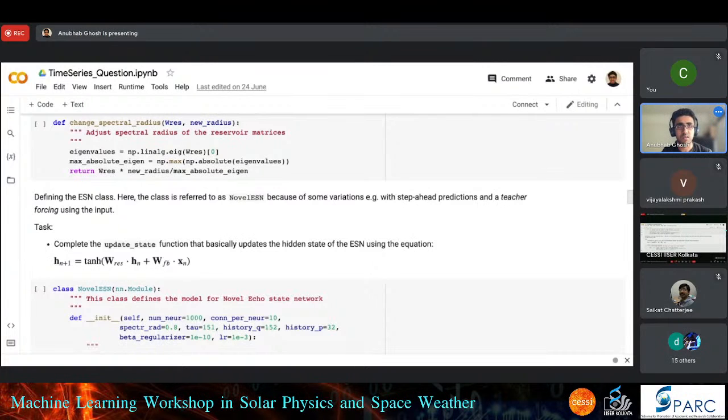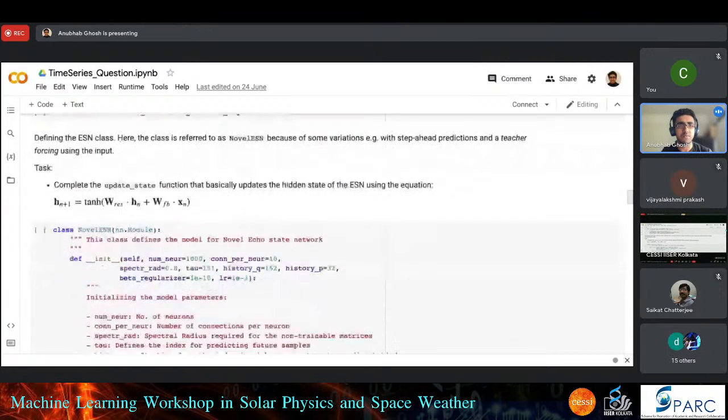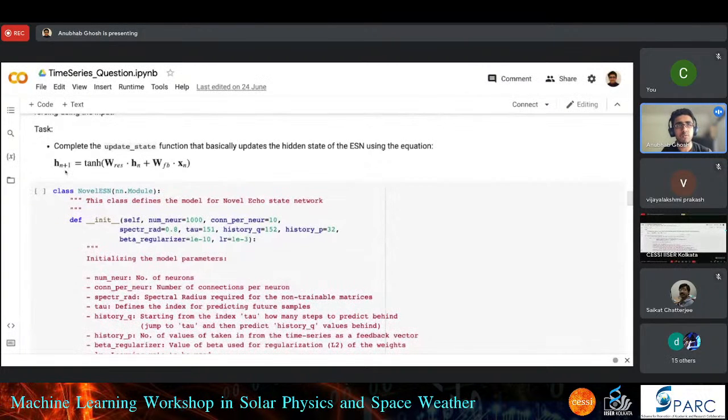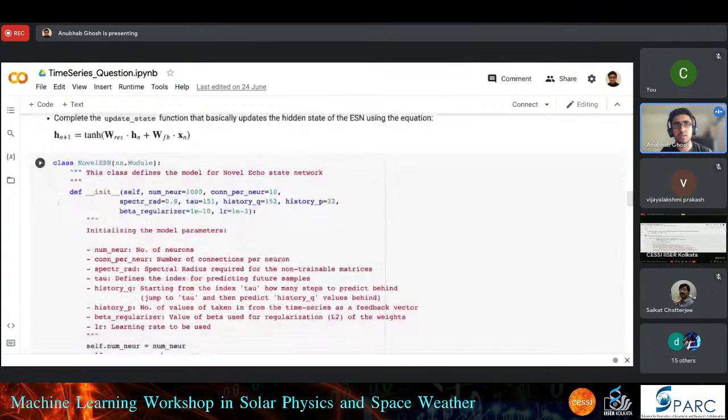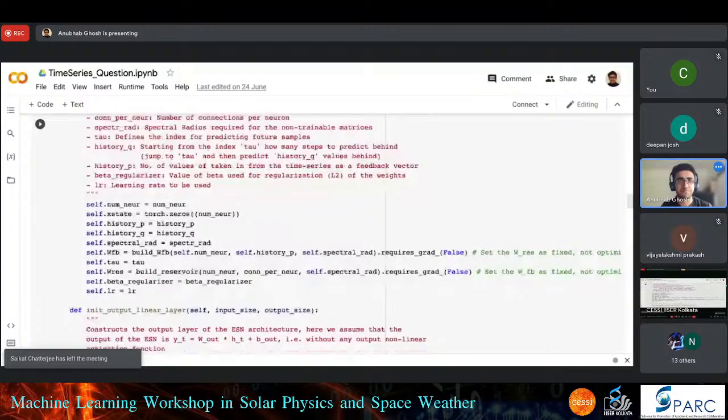These are unlearned matrices, fixed as random matrices. So you just have to implement the state function, and the output equation, y_n equals W_out of h_n. That is the only thing that is learned here.